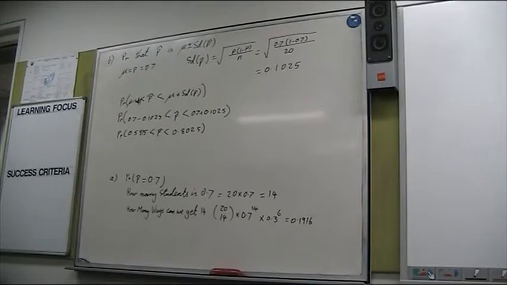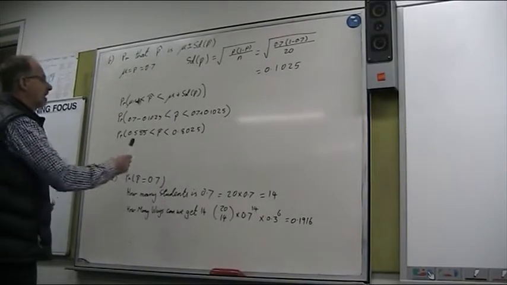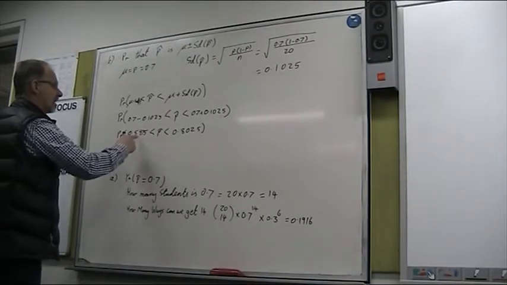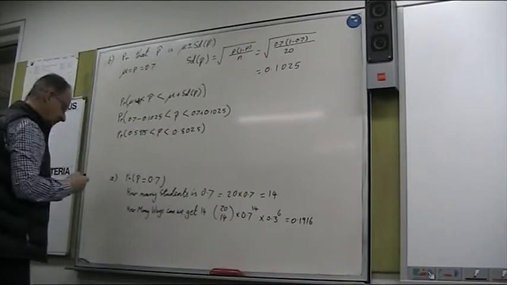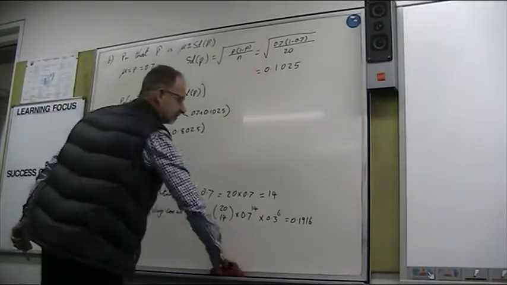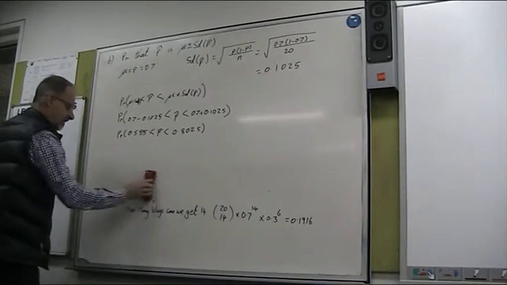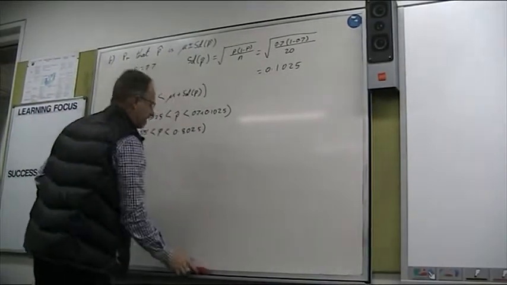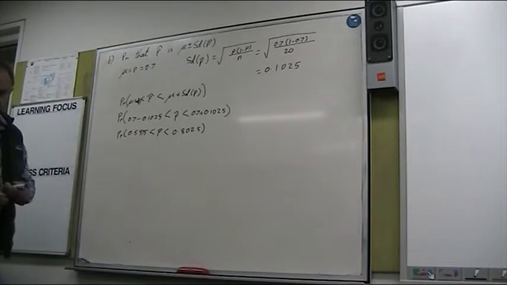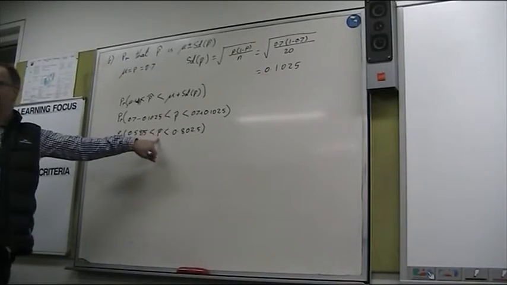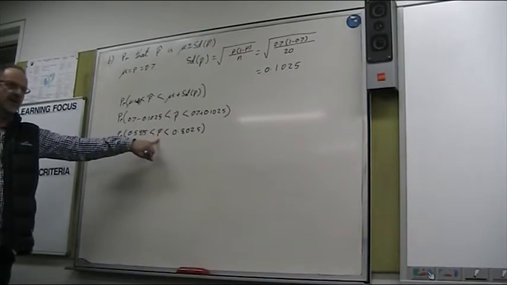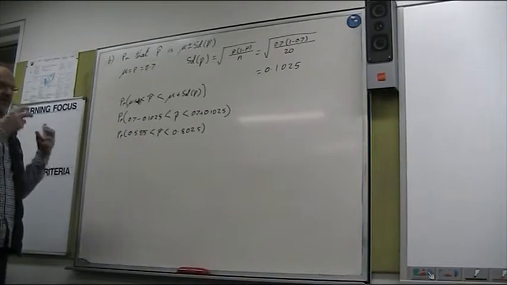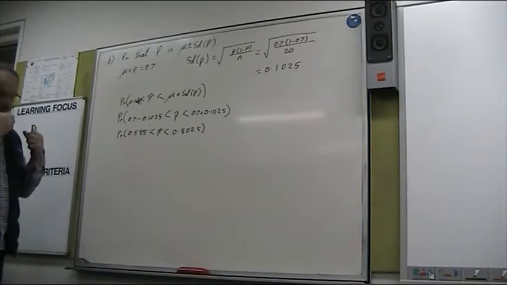What's the third number of your one? 59 what? 7.5. We are going to use our calculator, but first, before we use our calculator, we need to adjust this. Because at the moment we've got the population proportion, and we need to adjust this to actual numbers in our population.